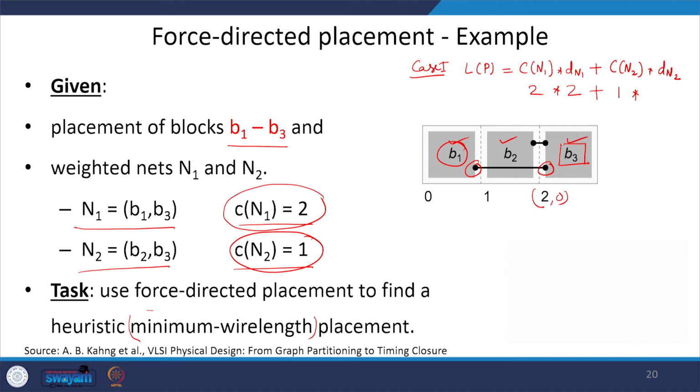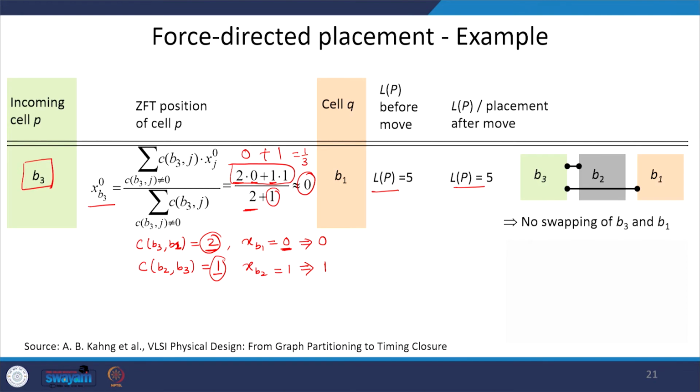D of N2 is the distance from the middle of this one to the middle of this one, which is 1. So L of P is 4 plus 1, which is 5. This is for the initial placement, before the move. Now we can do it for after the move.